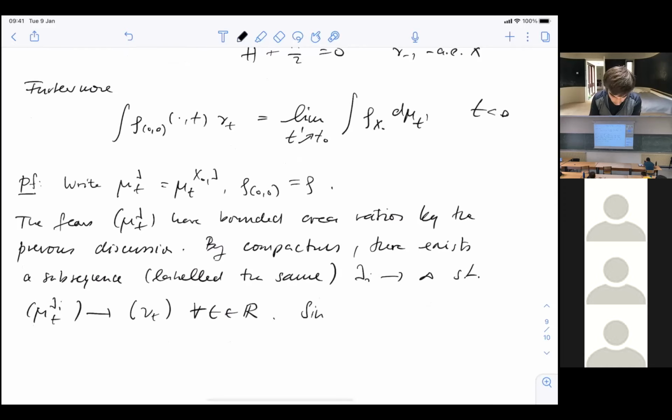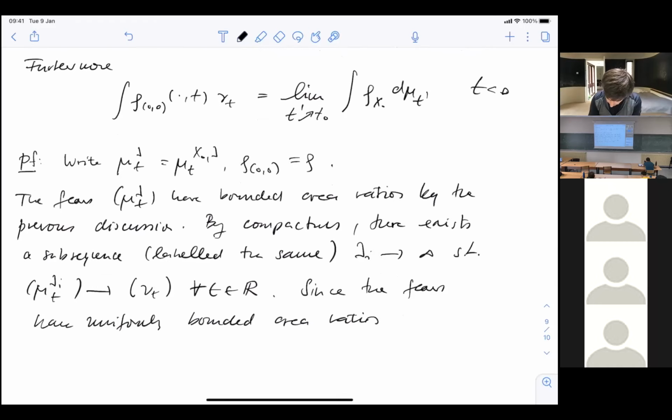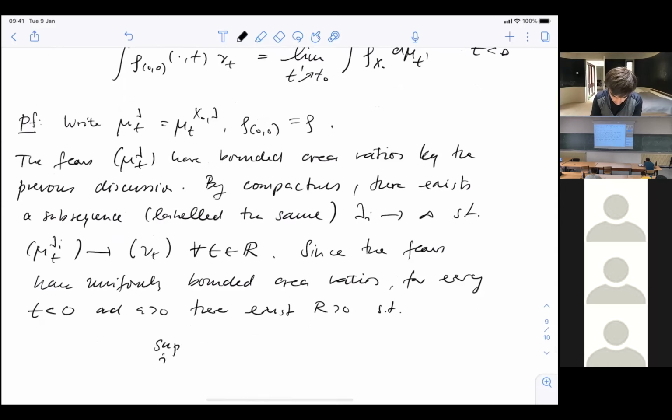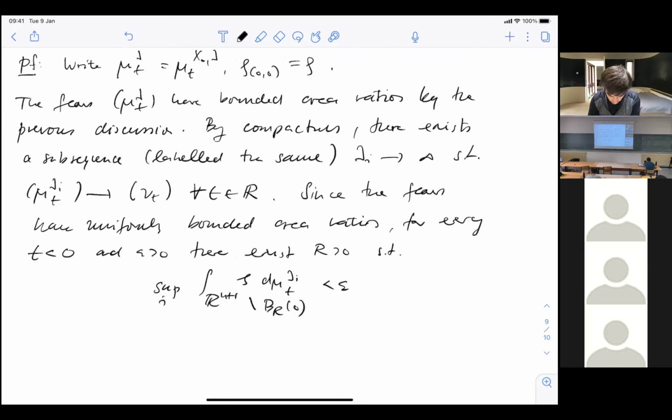Now we know that the limit flows also have bounded area ratios, since the flows have uniformly bounded area ratios. If you fix a negative time t, so our Gaussian heat kernel is not completely concentrated, and epsilon positive, there exists an R positive such that the supremum over I of the integral over R n plus 1 without B R of 0 of rho d mu lambda I t is less than epsilon, because we just use the exponential decay of the heat kernel, and we stay with t away from 0.